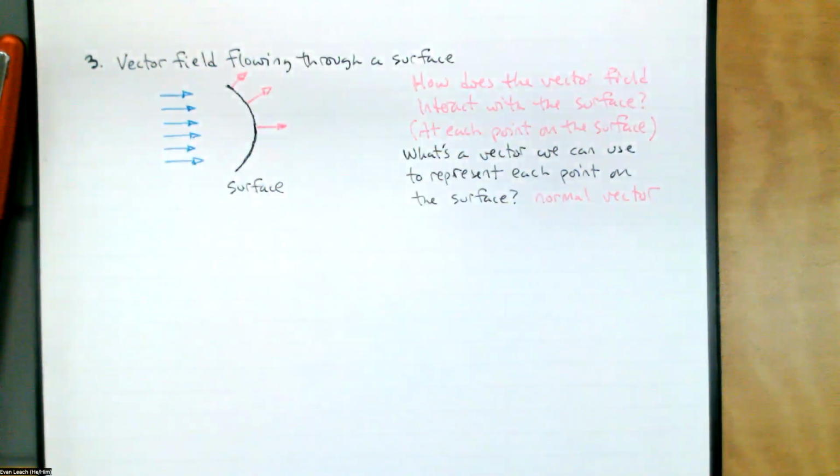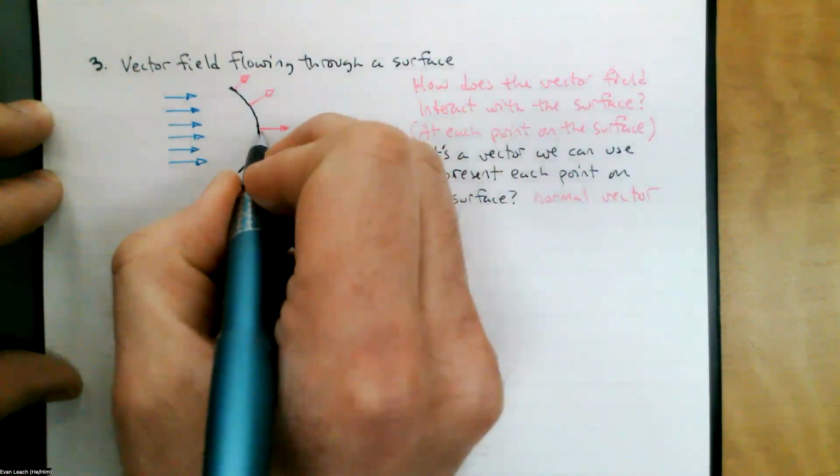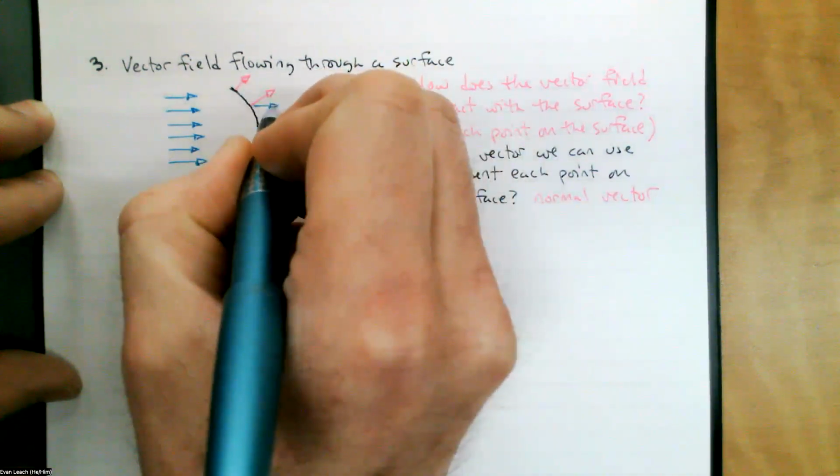So at each point on the surface, we pick the normal vector to represent the surface. And then we look at what the vector field is doing at each of those points.